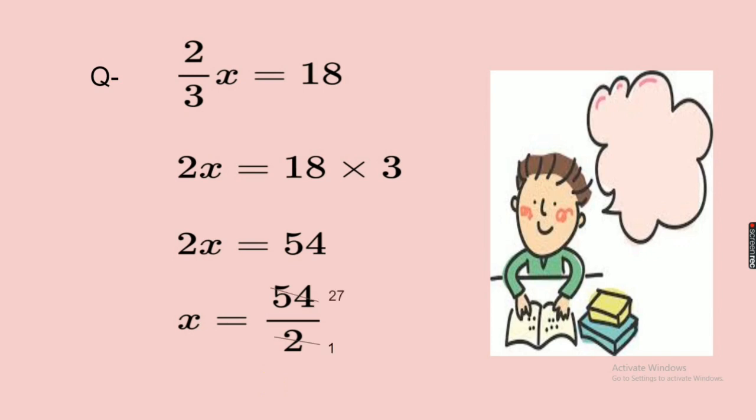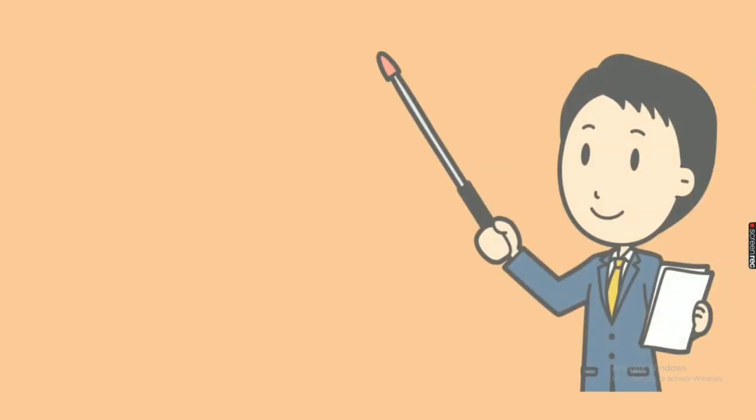Now solving this, 2 1s are 2, 2 2s are 4, remainder 1, 2 7s are 14. So simplifying it, we got the value of x, that is equal to 27. So the value of our x is equal to 27, which is the required answer.